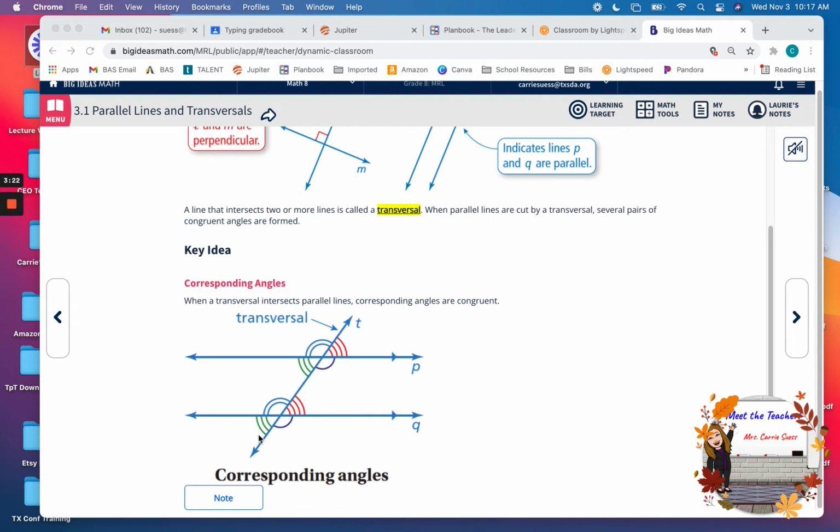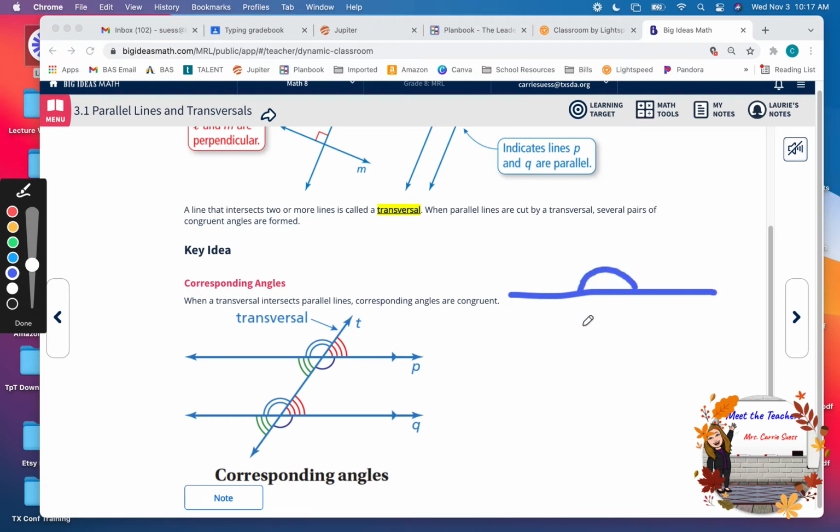Side note, do you guys remember what is the measurement of the angle on a straight line? 180. 180, very good. So if I have a straight line, woo, that's almost straight. The measurement of this angle is 180 degrees. So if I have two angles on a straight line, this angle plus this angle added together will always equal 180.